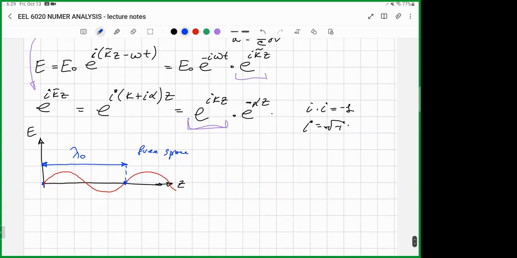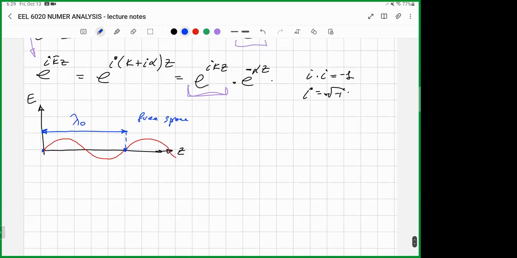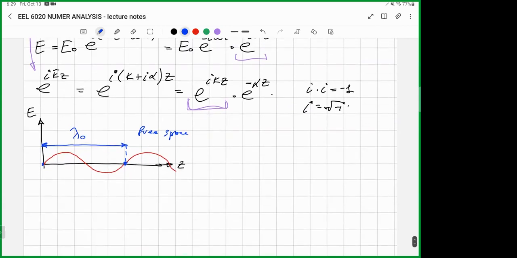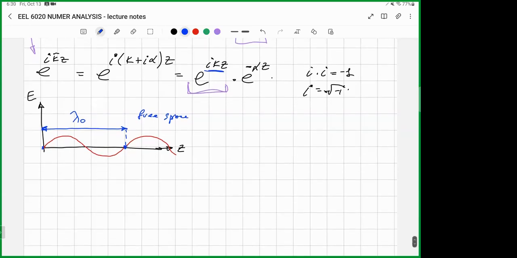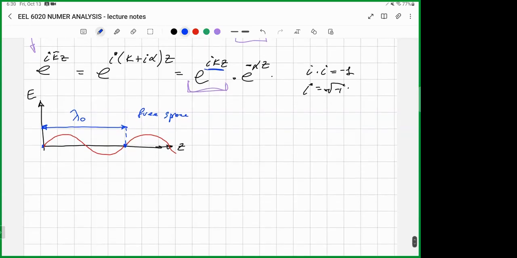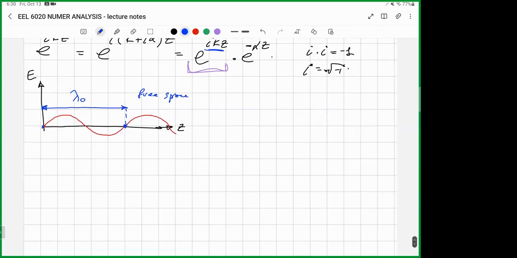Okay, but now in the dielectric, the phase of the exponential function is multiplied by the refractive index, and it means that the wave oscillates more times per the same physical distance.